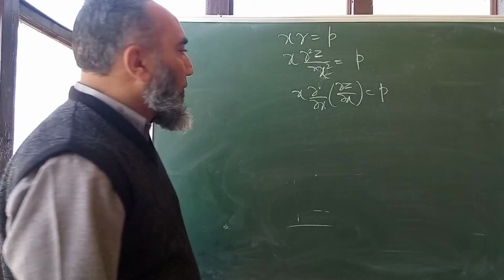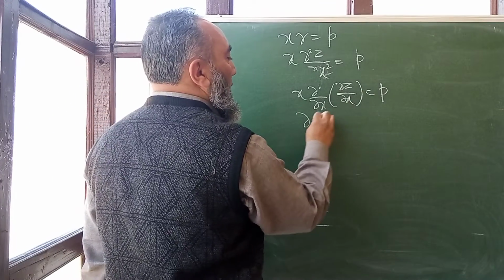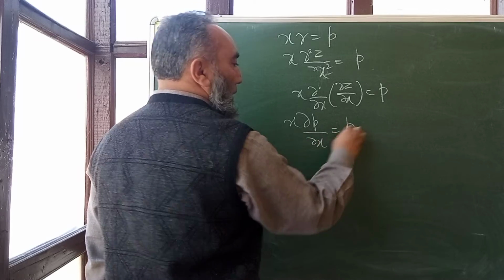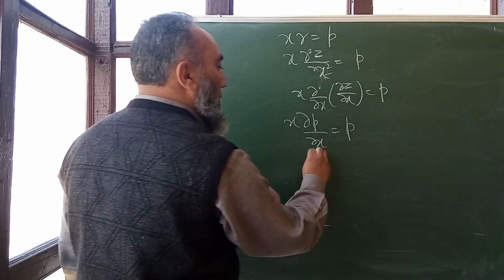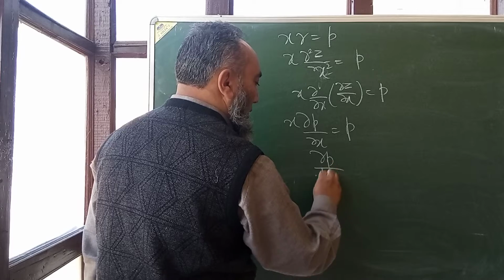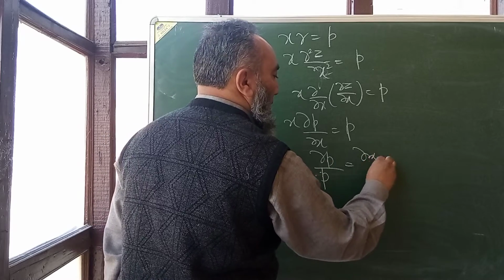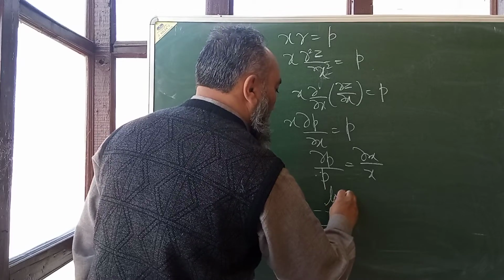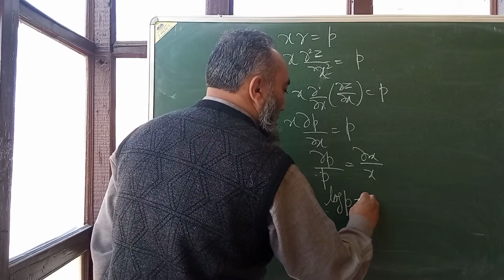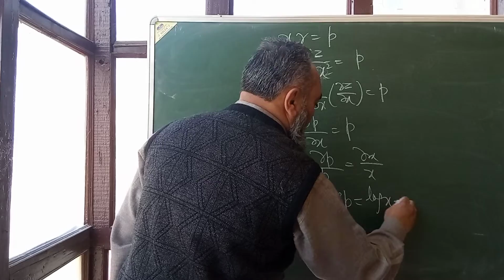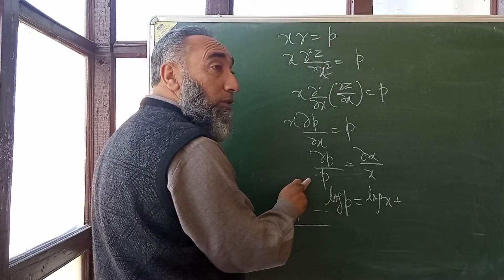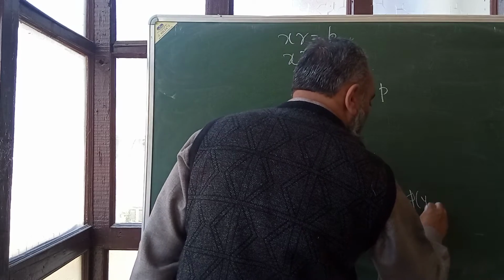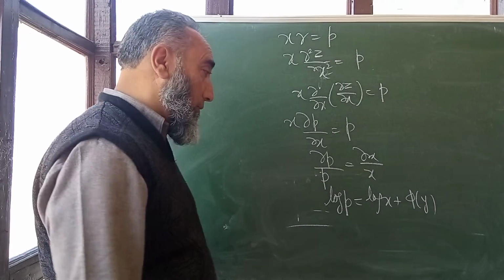Now del z by del x, what is that? It is p. Let me separate the variables. You will have del p by p equal to del x by x. Integrating, I will get log p equal to log x, integrating with respect to p, where p is a function of x. So the constant of integration will be some function of y.